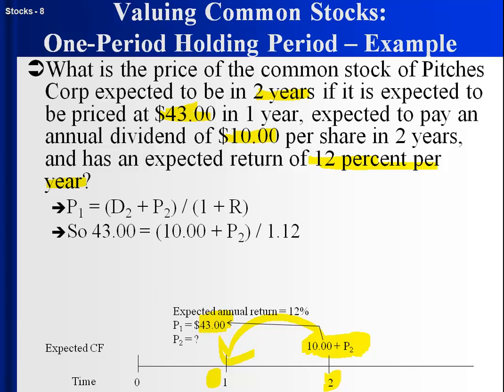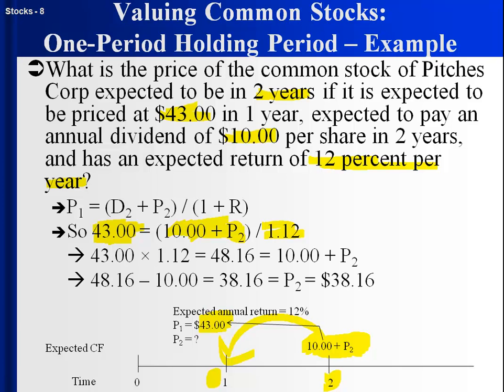So again, the reason the price is expected to be worth $43 in 1 year from today is that 1 year later after that, which is 2 years from today, we'd expect to have the 10 in our pocket, plus be able to sell it for that, discount it back by 1 period. And again, now you're back, multiply both sides by 1.12, subtract 10, and the price is expected to be $38.16.